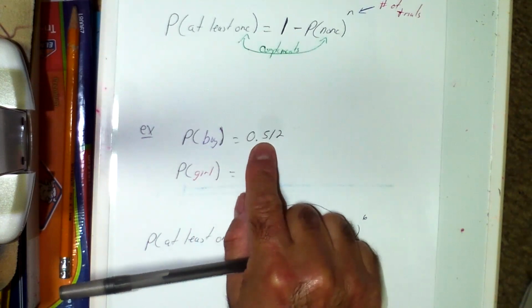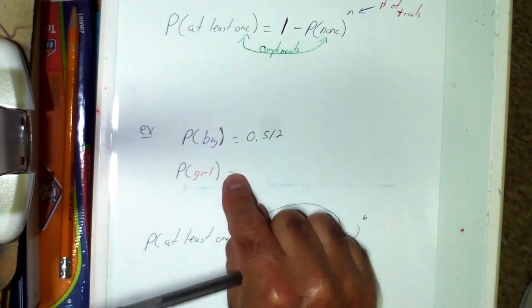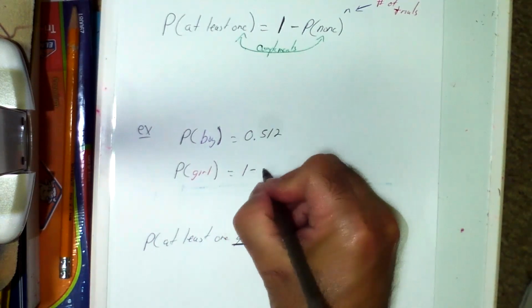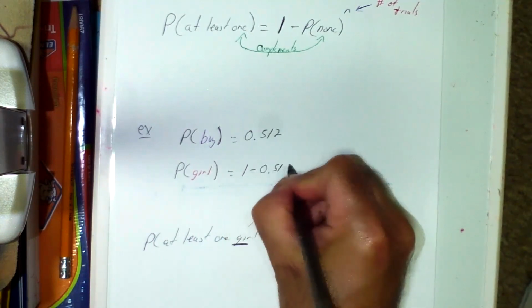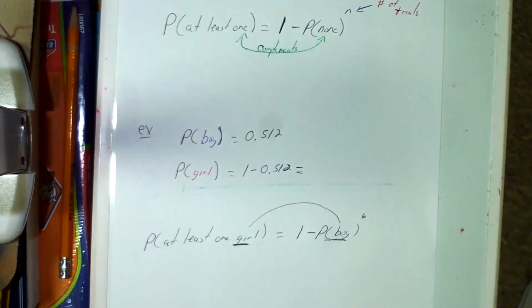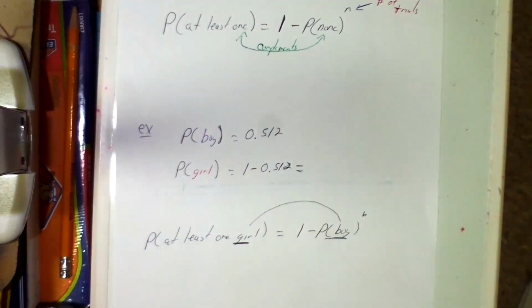If boy is 0.512, what's the girl? All you do is subtract to figure out the complement. 1 minus 0.512 gives me 0.488.